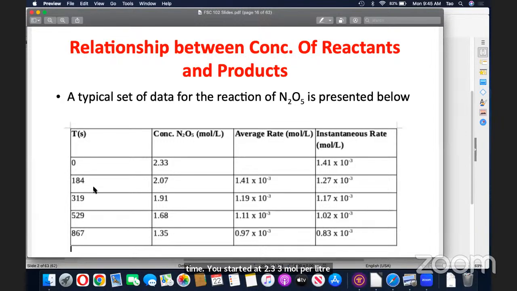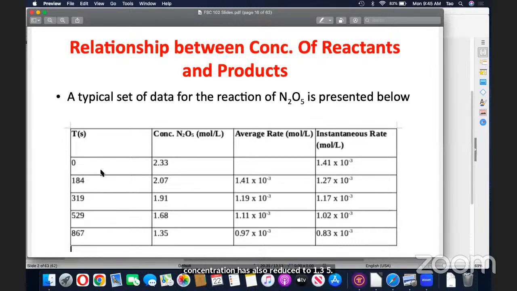But after 184 seconds, the concentration has reduced to 2.07. Then after 319 seconds, it has reduced to 1.91 mole per liter. After 529 seconds, it has reduced to 1.68 mole per liter. After 867 seconds, it has reduced to 1.35 mole per liter.